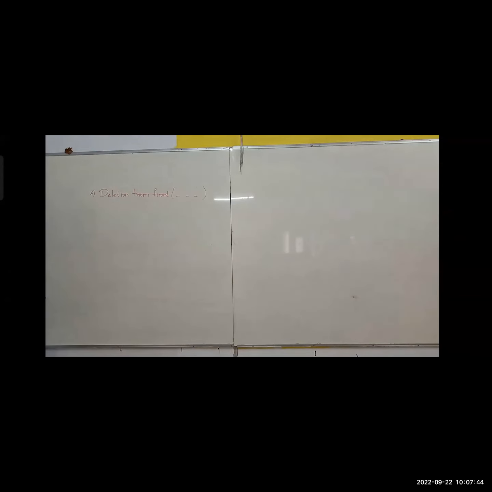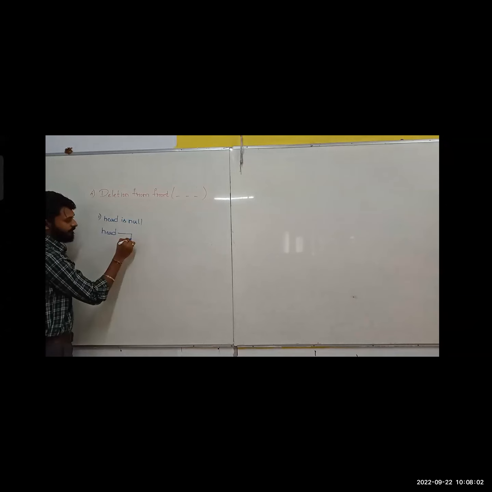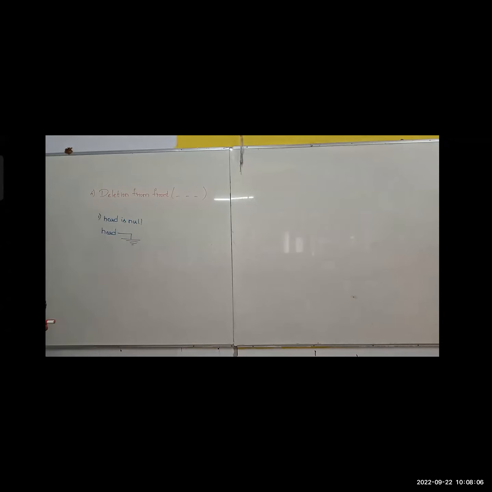Whenever I'm writing logic for deleting a node from the beginning, there might be 2 cases again. Which are those? Head is null. Means what? There is no element, which means we cannot delete. Deletion is not possible. If it is pointing to null, there is no element at all, not even a single node.